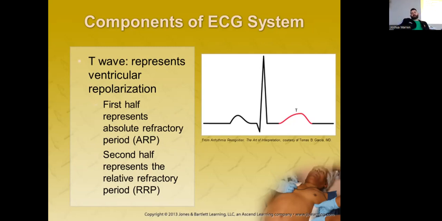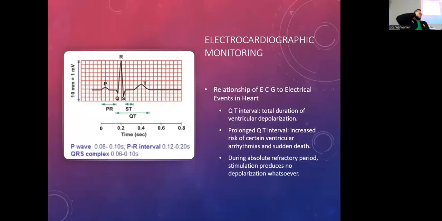So what is the relationship to electrical events in the heart? Oh, Lord. The QT interval. The QT interval represents the total duration of ventricular depolarization. A prolonged QT interval increases the risk of ventricular arrhythmias and sudden death. Can you think of some things that can cause a widened QT interval?